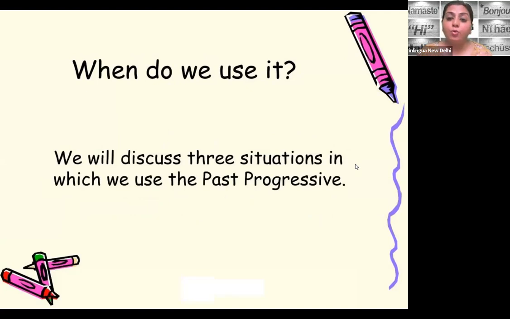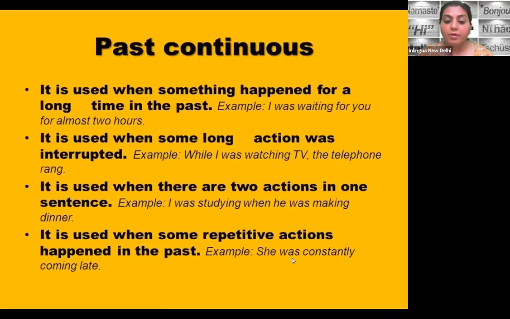Now, when do we use the past continuous tense? We will discuss 3 to 4 situations where we can use this tense. Here we can see 4 situations in which we must use the past continuous tense.